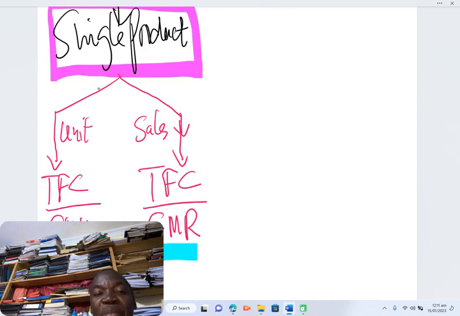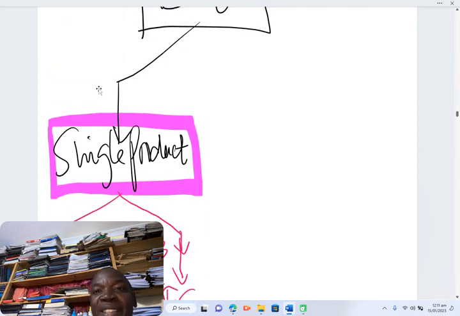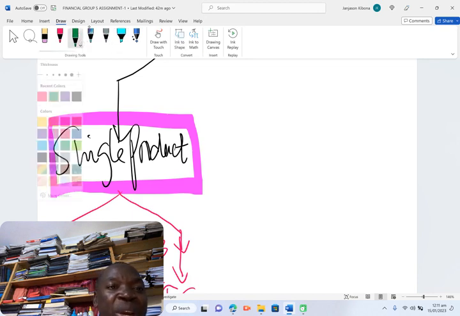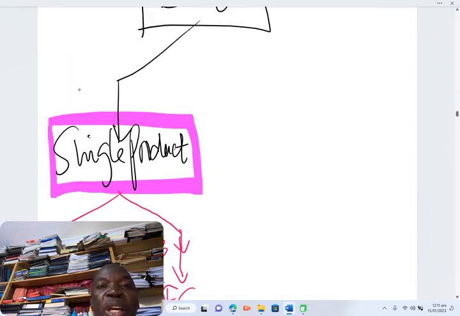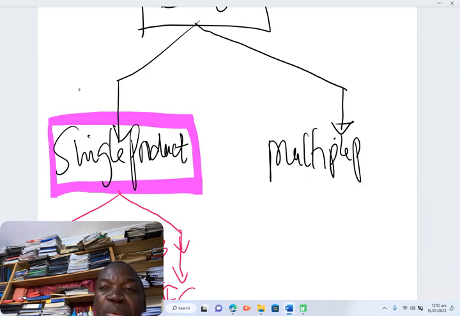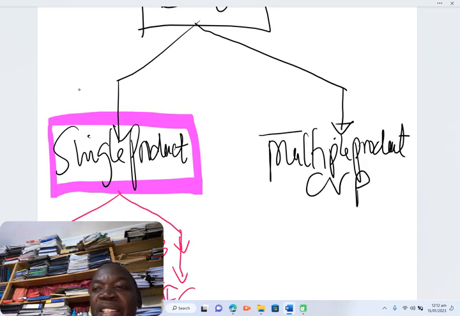But in our problem, we have two products. And you should be very much aware that with these two products, you have to add another route here that indicates multiple product CVP analysis.